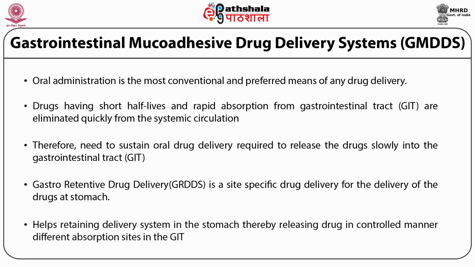It helps in retaining the delivery system in the stomach, thereby releasing the drug in a controlled manner using the premise of mucoadhesion, and probably can also be modified for releasing the drug at the different absorption sites in the GIT itself.